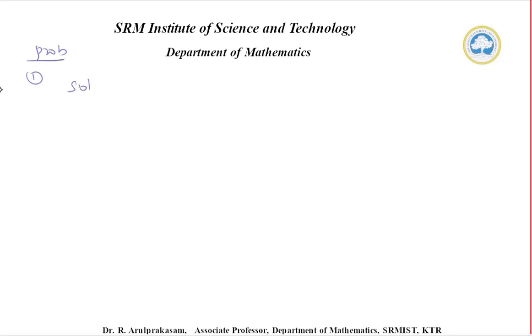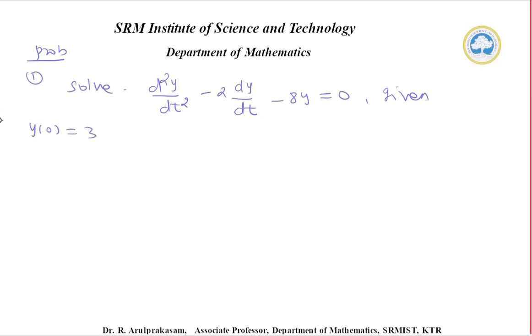Solve the differential equation d square y divided by dt square minus 2 times dy divided by dt minus 8y equal to 0. The initial conditions given are y of 0 equal to 3 and y dash of 0 equal to 6.